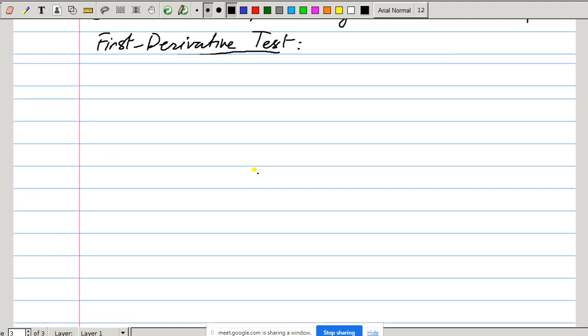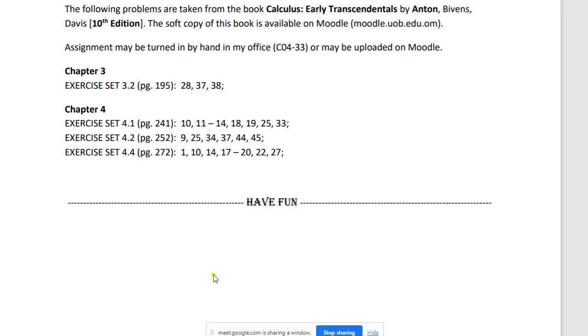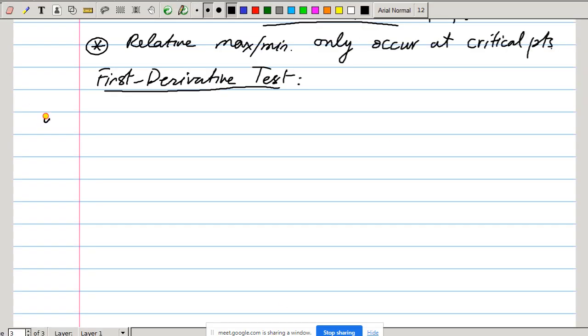In 4.2, let me pick a question which is also given in the assignment. In 4.2, I gave you 9, 25, 34. So let me do 34. f(x) is given as x^4 minus 12x^3.